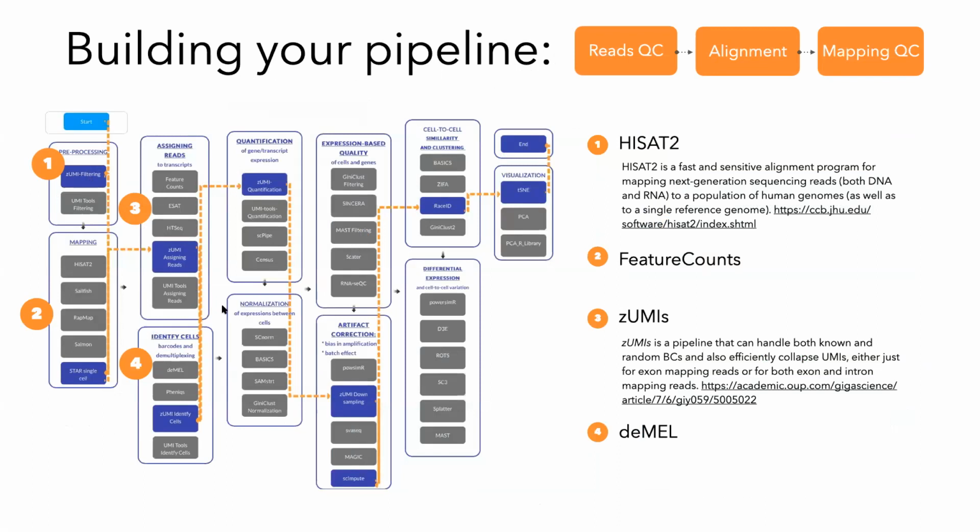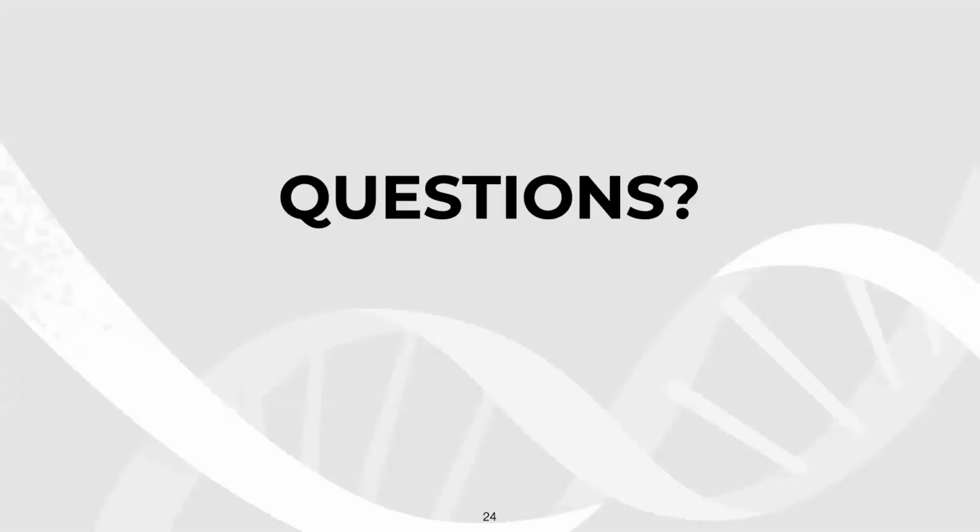And then we will look to assign those reads to UMIs, identify cells, then quantify UMI expression. This is quantification of gene expression, correcting for artifacts. And then in one case, we can do cell-to-cell similarity, or we can just visualize our results. But this is really just the beginning of this process.